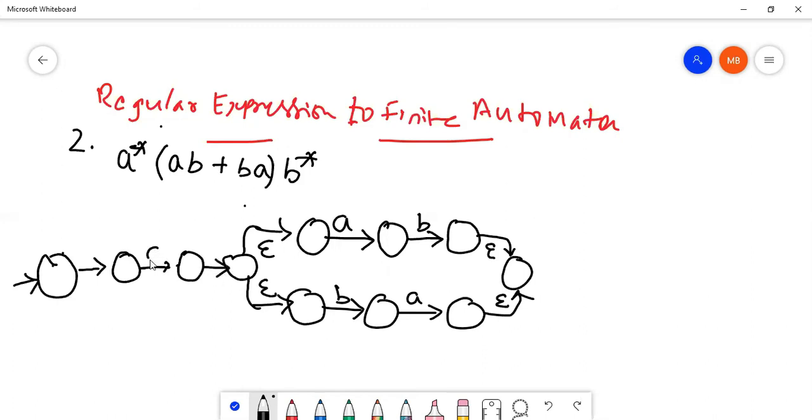You can check. This is for a, this is for repetition, this is for epsilon.